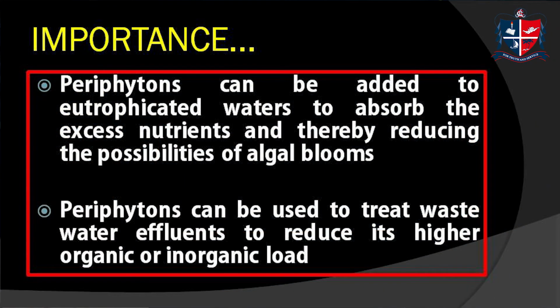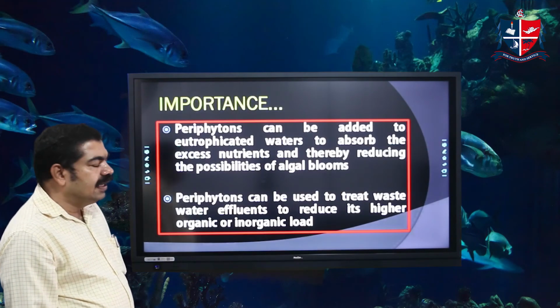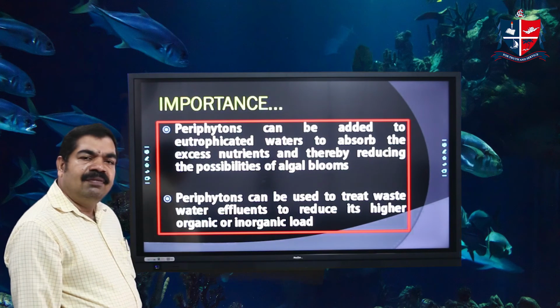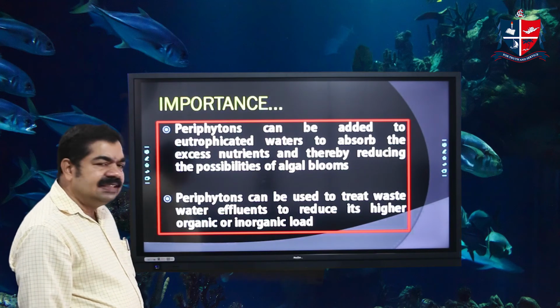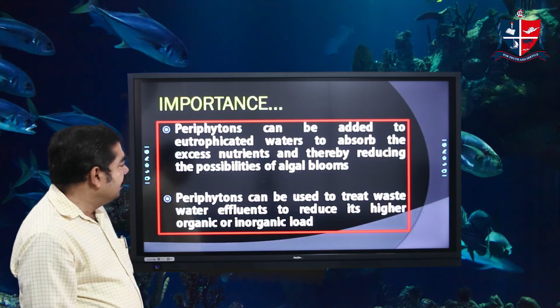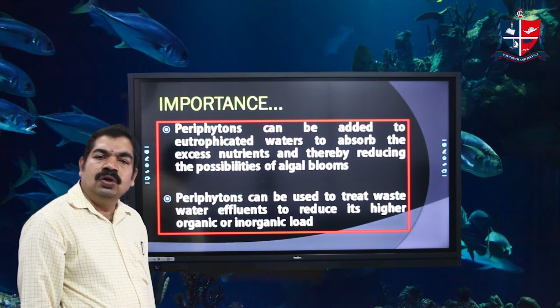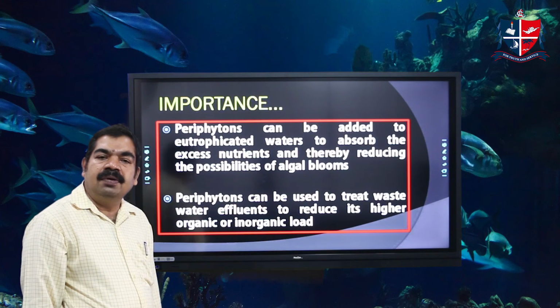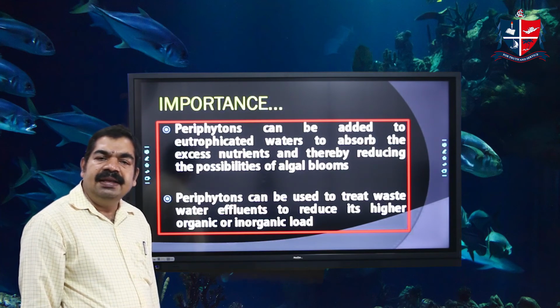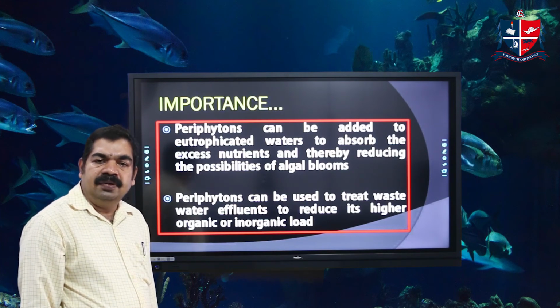Now, coming to the next advantage of periphyton. Periphytons can be added to eutrophicated waters to absorb the excess nutrients and thereby reduce the possibility of algal blooms. As we know, algal blooms are a very important issue, and they create a lot of problems in water bodies.